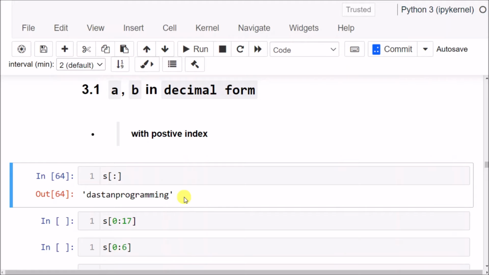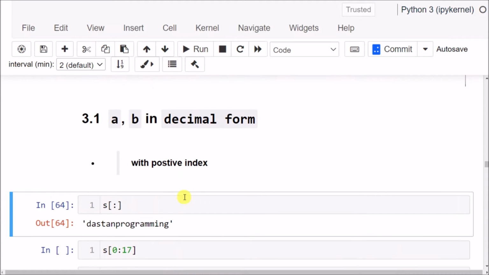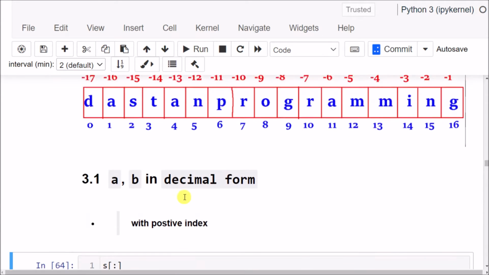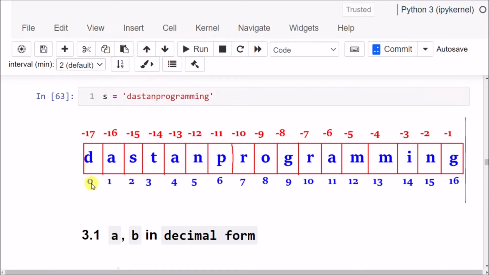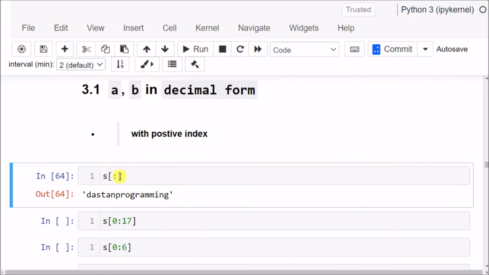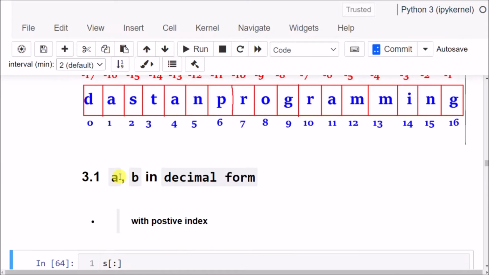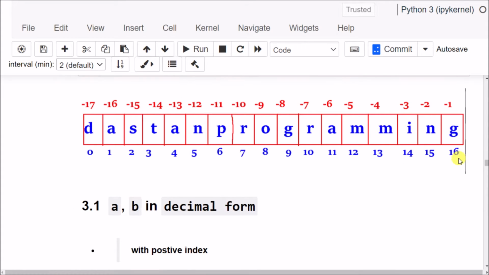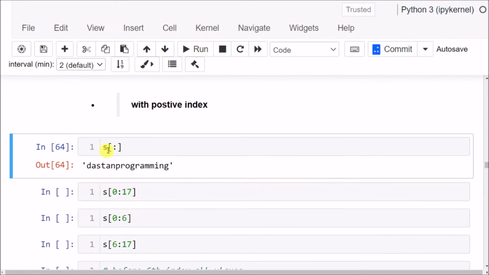The default value of A is 0, and the B value is the length of S. What is the length of this one? 16.